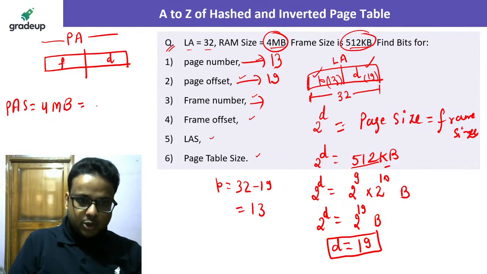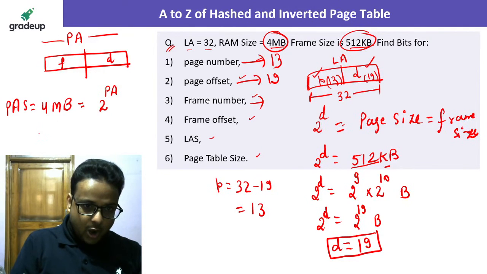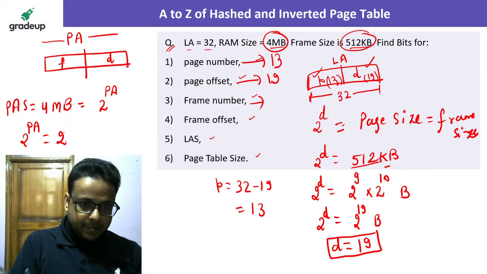I told you the formula for it. Physical address space is equal to 2 raised to power physical address bits. So how many bits will be for physical address? It would be 2 raised to power 22.